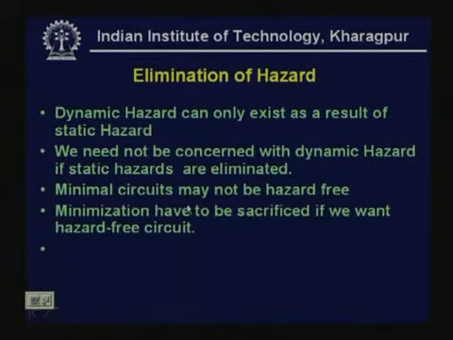Now if we summarize the hazard cover by K map, then what we get is that the minimal circuits may not be hazard free, as the example we have taken, and the minimization has to be sacrificed if we want hazard free circuits.